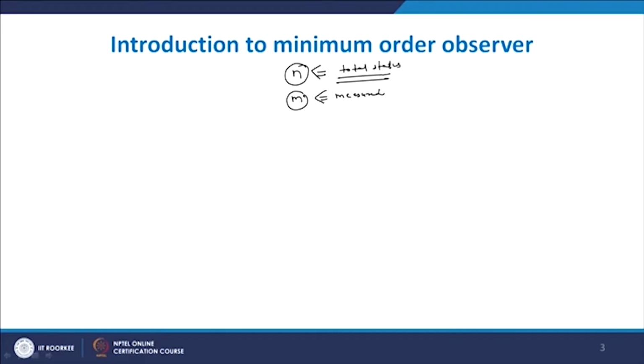That means, we have to only estimate n minus m states. So, when we are estimating only n minus m states, that is called minimum order observer. Now, we will see how to design this minimum order state observer matrix.